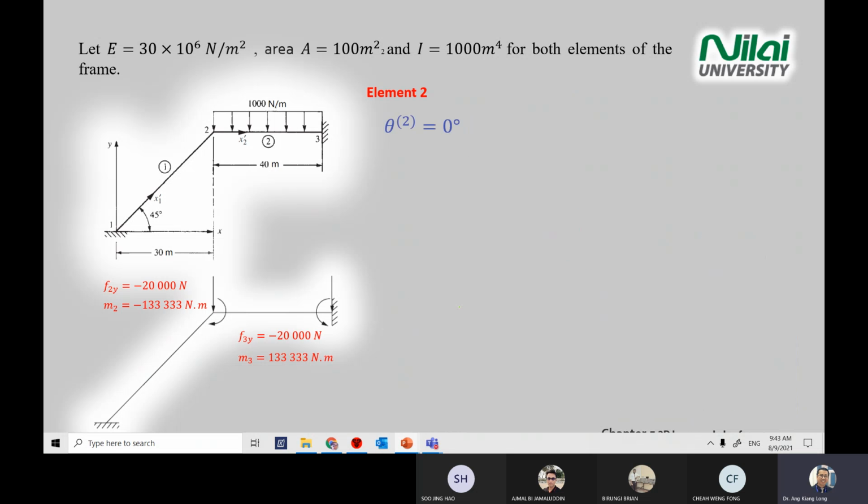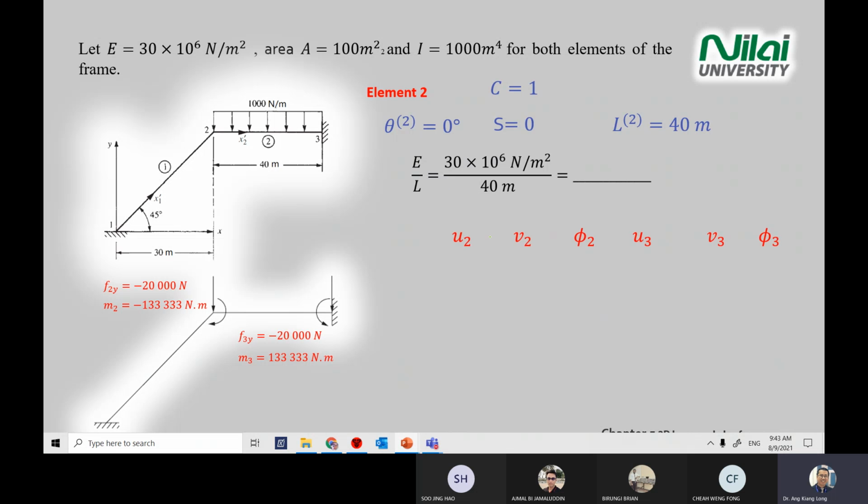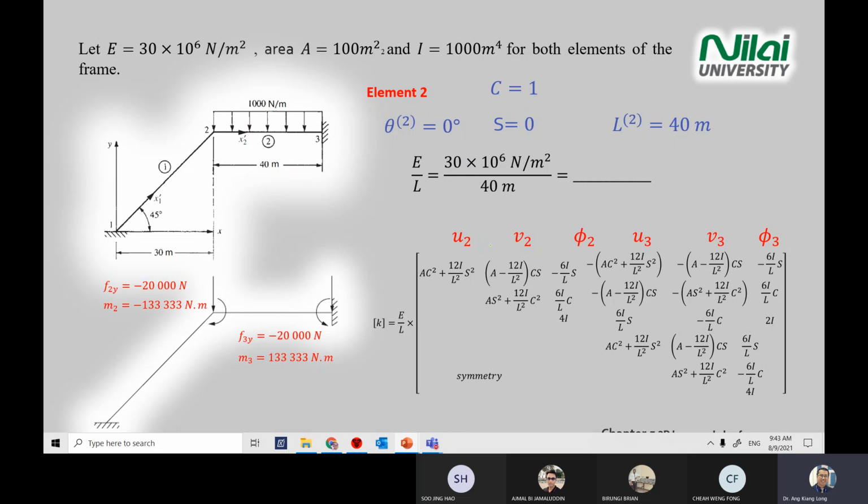Then after that, you repeat the same for element 2. Element 2, angle 0, you calculate cos and sine, length is given, so you calculate E divided by L equal to what? Then you build the K matrix by using the standard equation. What is different is the ticketing location, the ticket number that you issue to all this. So for element 2, the ticket starts with 2 and 3. So you have U2, V2, rotation 2, and so on.